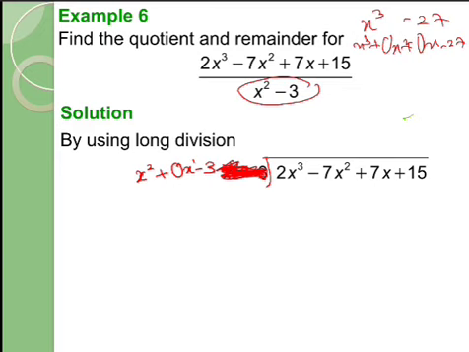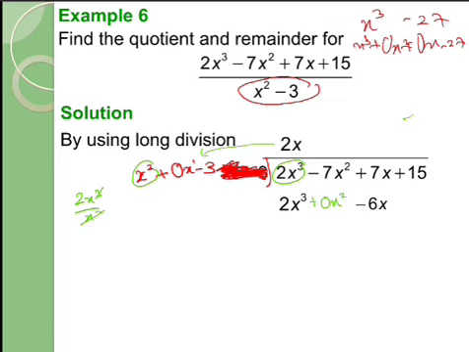Okay, now let's solve this. So 2x power 3 divided with x squared. Cancel everything out and you're left with 2x. Put it on top. Multiply 2x with each of the terms of our new divisor. So 2x times x squared is just 2x cubed. And then 2x times 0x power 1 is just 0x squared. So write that term, 0x squared.